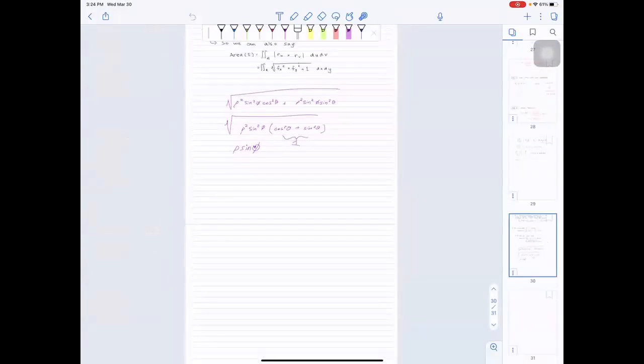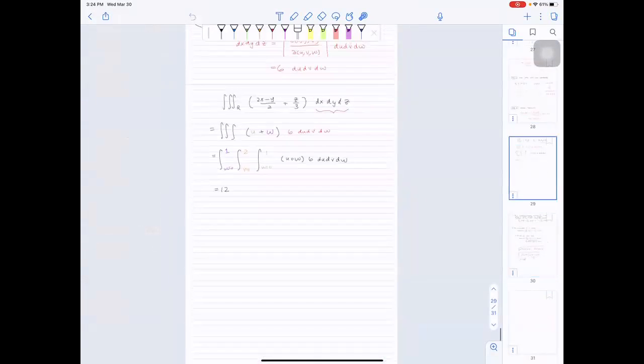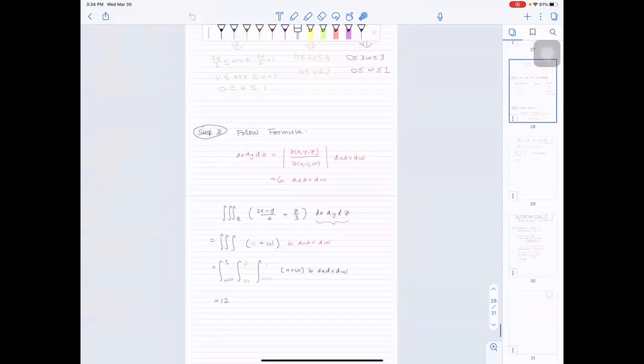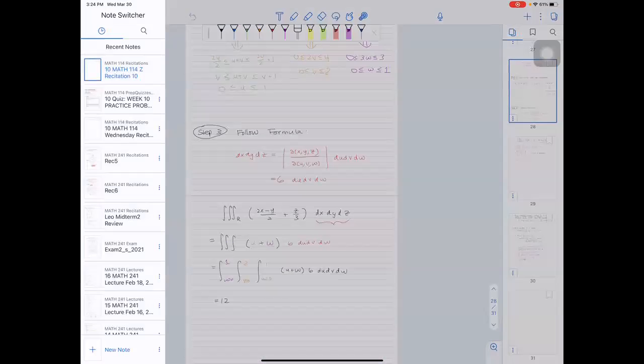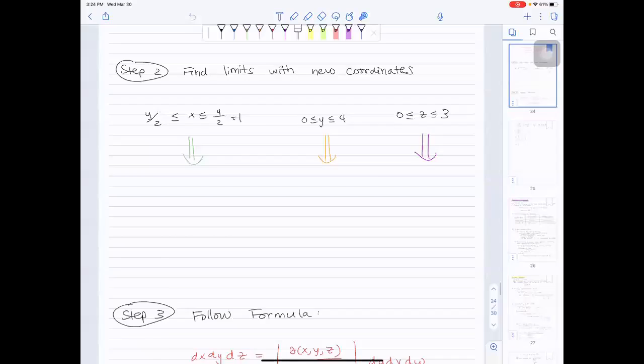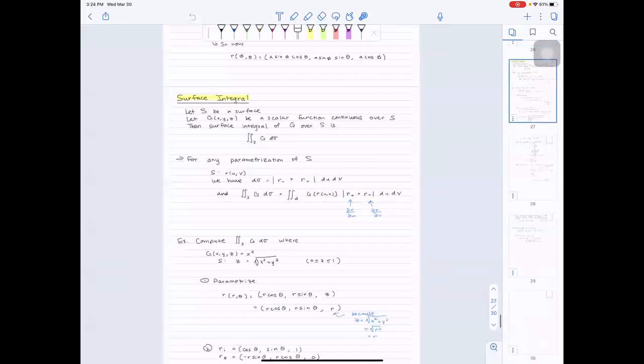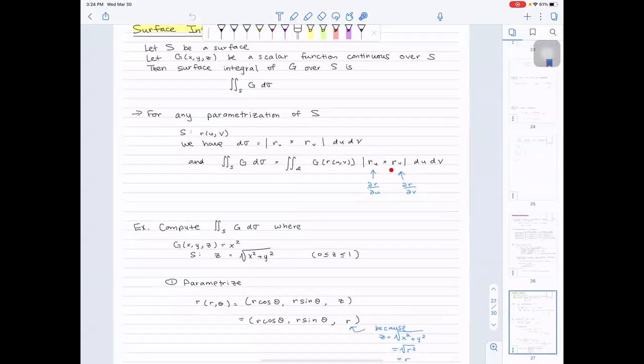Let me find the formula for d sigma. Yeah, it's just the formula. We're not changing any variables actually. So this is the formula for the surface integral, which is why we found the length or the absolute value of this cross product, times du dv.